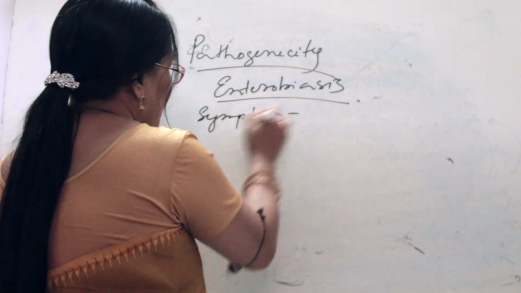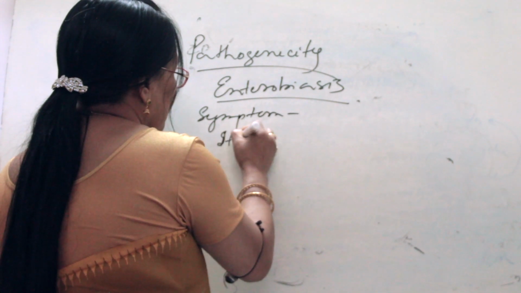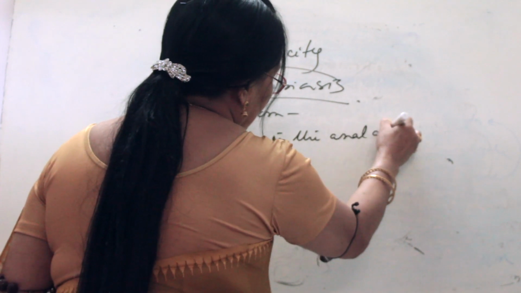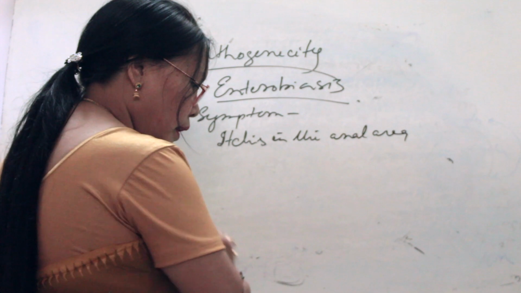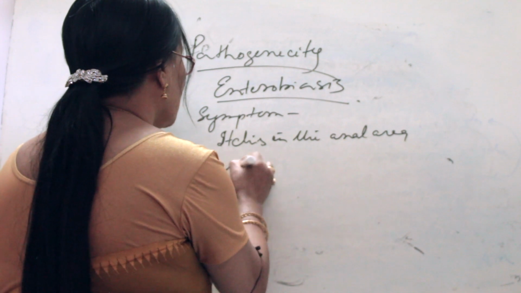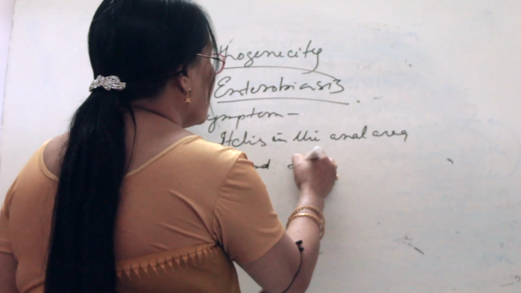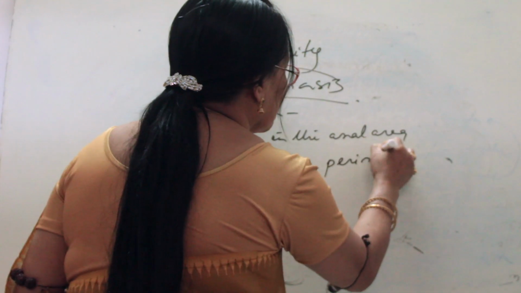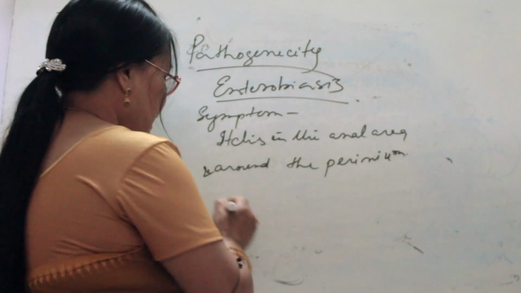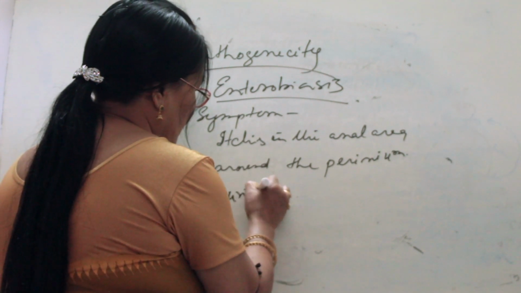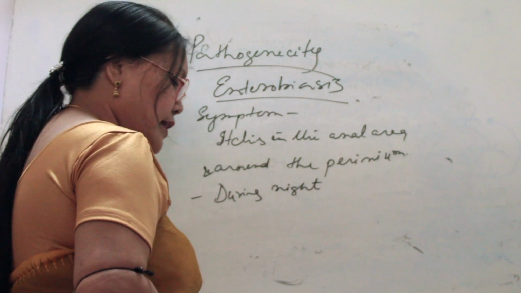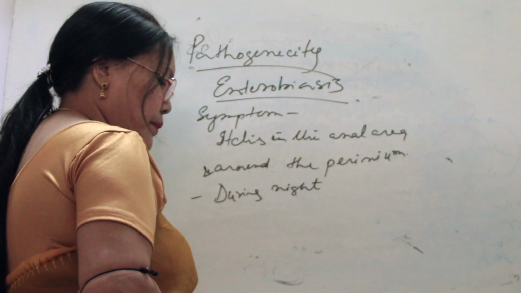The main symptom is itching in the anal area and perineum and around the perineum. This is the main symptom, and the itching occurs mainly during the night. And due to the itching, there is nervousness for this infected person or infected child.